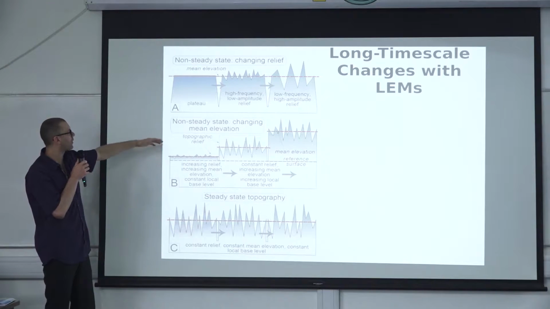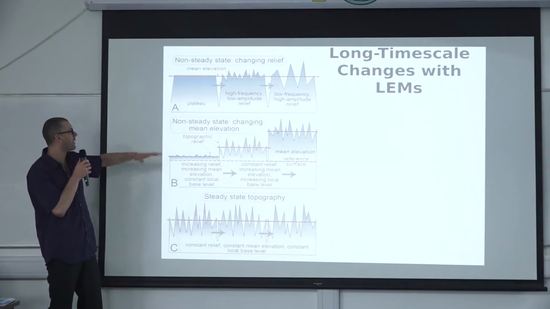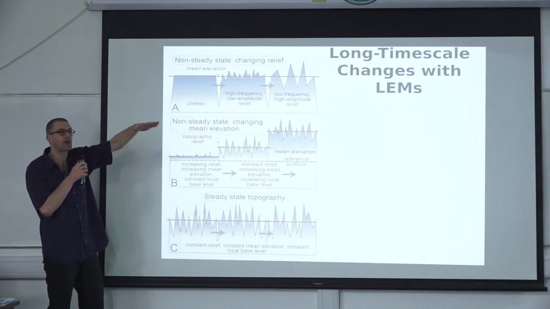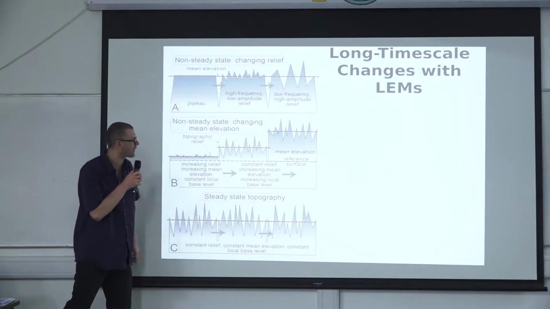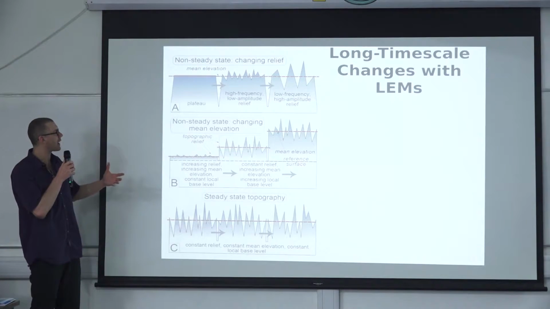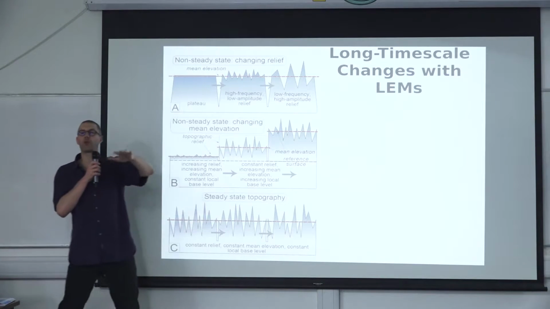Now we can also change the mean of the elevation by either lowering or uplifting, or changing the entire elevation distribution. And the concept of steady-state topography evolved, where people realized, well, we can change topography, but topography remains the way it has changed.